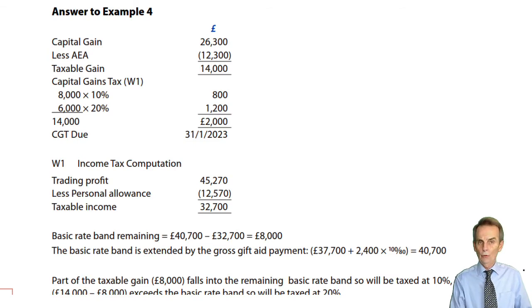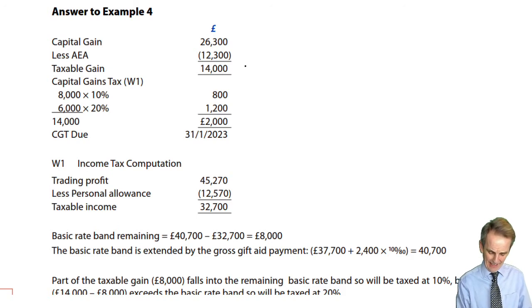Okay, well, normal first moves, having determined what the requirement is to compute that CGT liability again, establish the taxable gain if not already given. Well, it wasn't. We were told the gain that arose, so we have to deduct our available AEA to get that figure of taxable gain there.